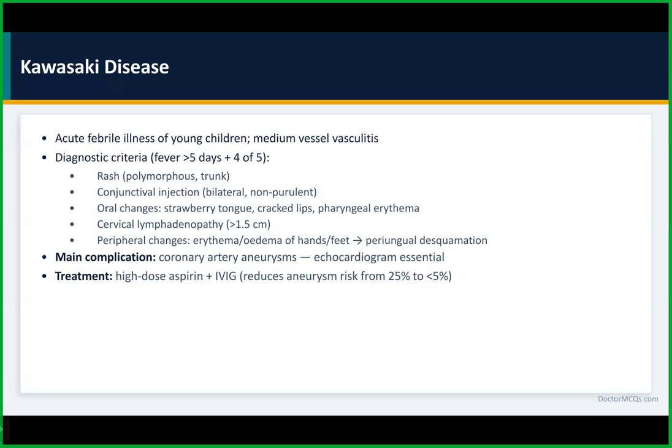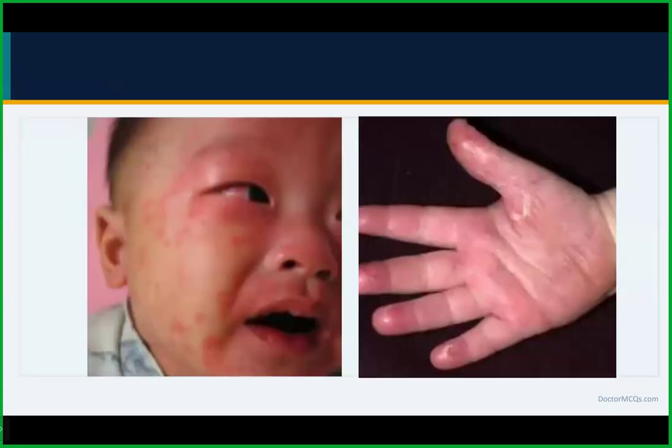Its main complication is coronary artery aneurysm, so we have to be very particular in this disease. The treatment in this condition is high-dose aspirin and IVIG, which mostly reduces the aneurysm risk of the patient.